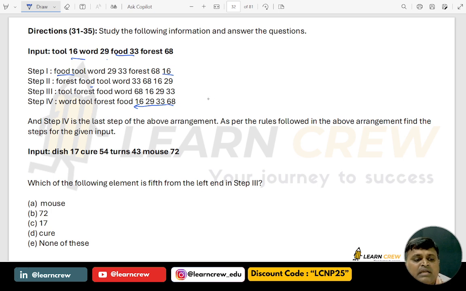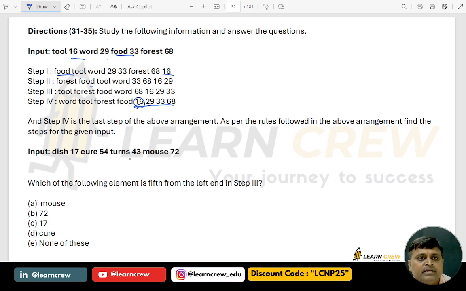It means the smallest number will be arranged first. Then after 16 we will go with 29, and so on. Like that we are going to arrange the numbers.